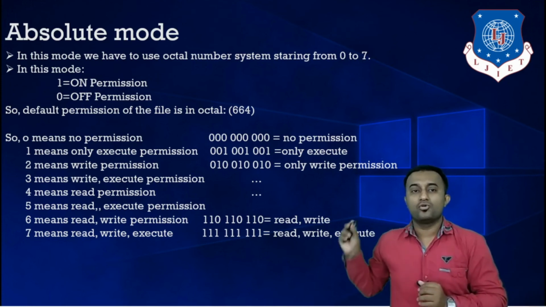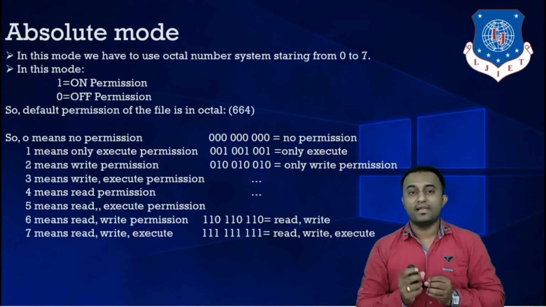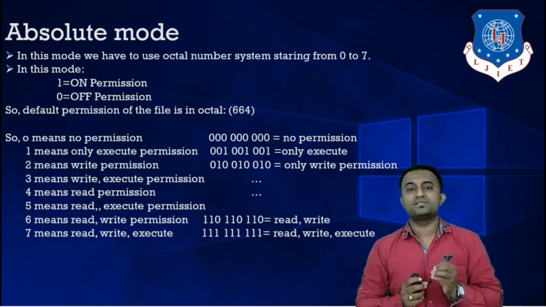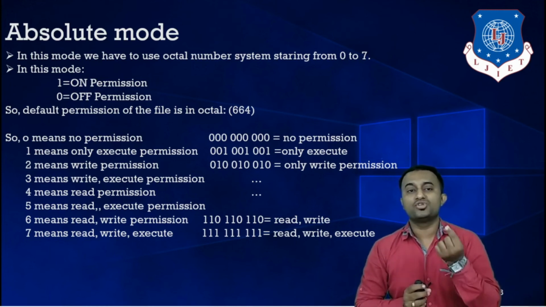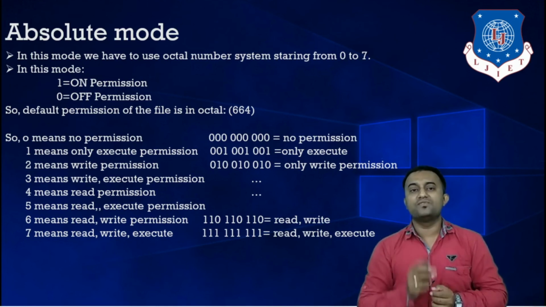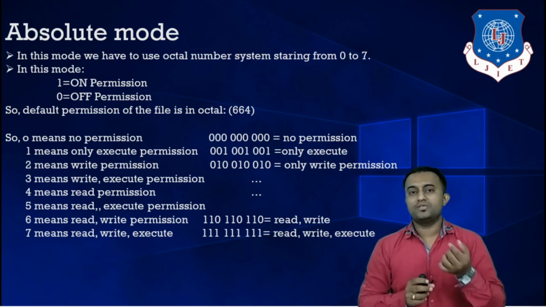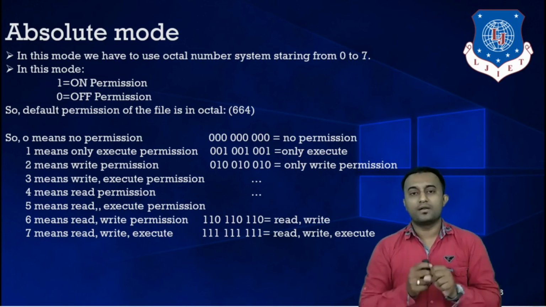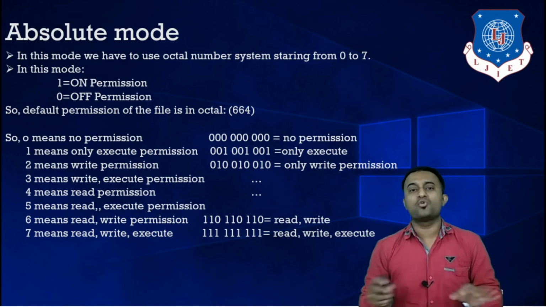The default permission of the file in octal is 664. So what is the interpretation of this 664? Let us discuss. As I told you, 0 means no permission. If we have 9 digits and each one is 0, it means there is no permission: nobody can read, nobody can write, and nobody can execute.